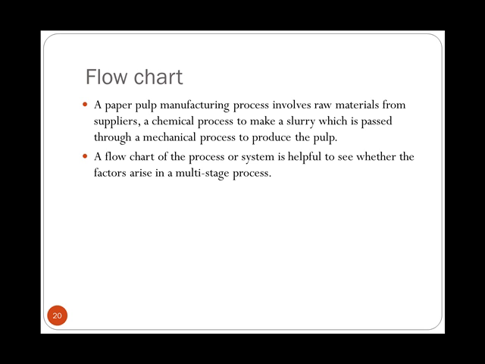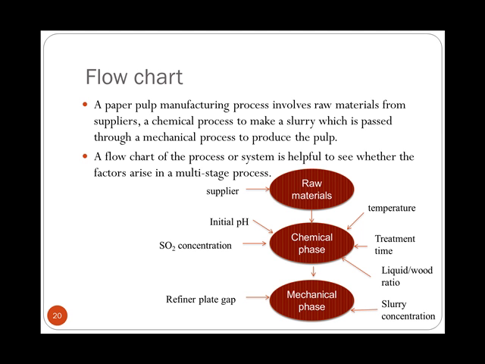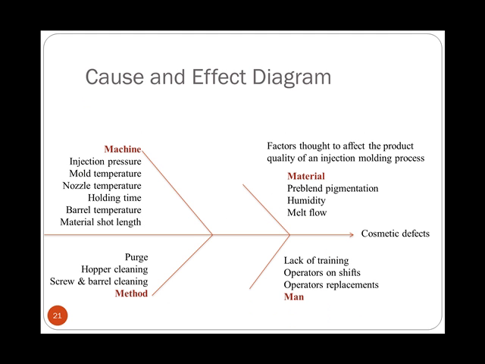A flowchart of the process or system is helpful to see whether the factors arise in a multi-stage process. So from here, we can fairly easily see what affects this whole process. And a cause and effect diagram can help identify the factors that affect the product quality of an injection molding process in this example.